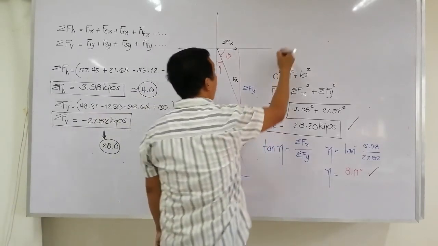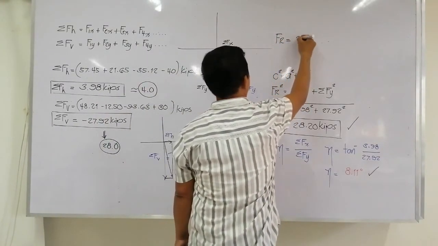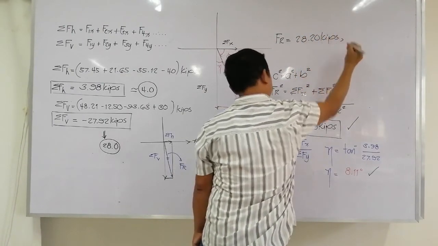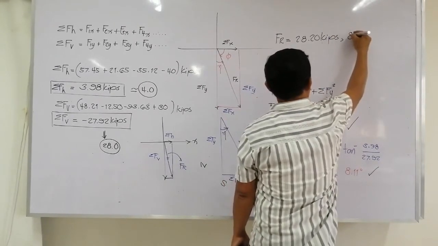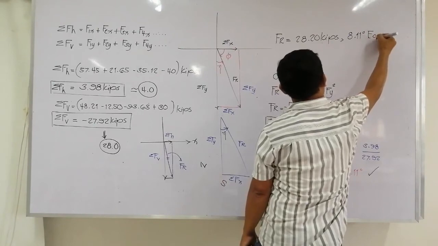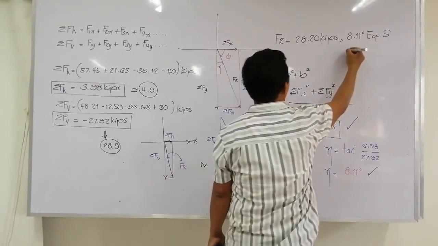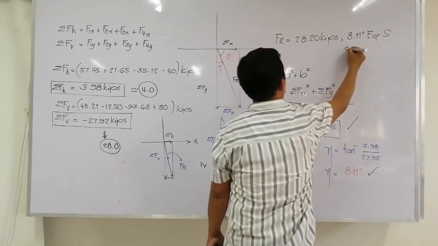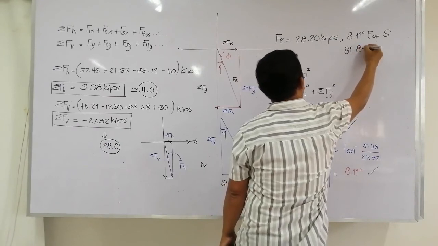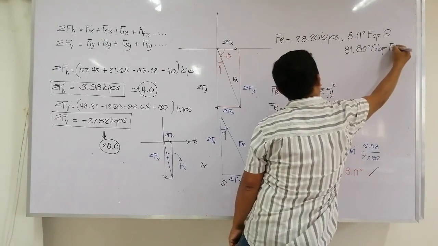Kaya, our final answer would have to be FR equal to 28.20 kips, 8.11 degrees east of south. Or its complementary, that is 81.89 degrees south of east.